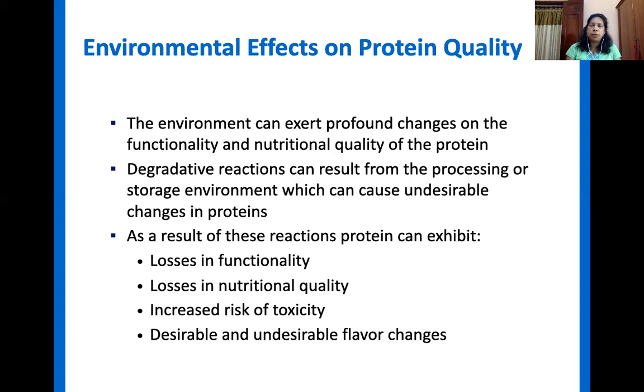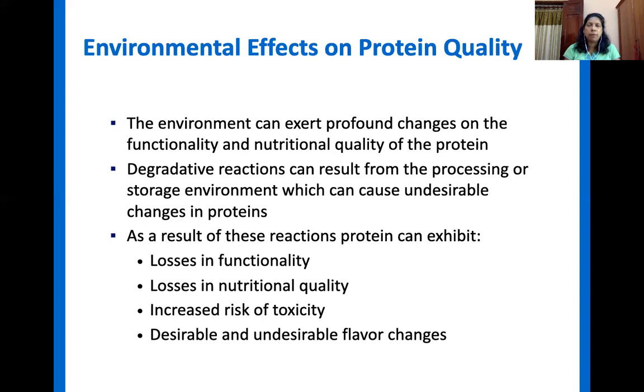For example, the amino acid histidine can be changed to histamine. That is also producing toxicity. Toxic here does not mean poison, but it gives an allergic situation for people. Histamine can be removed from the product.